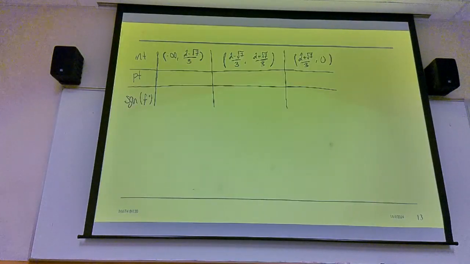There's our 3 test intervals. Pick a point from each interval. Is 0 in that middle interval? It is.